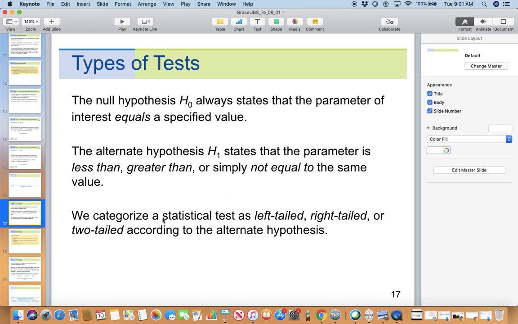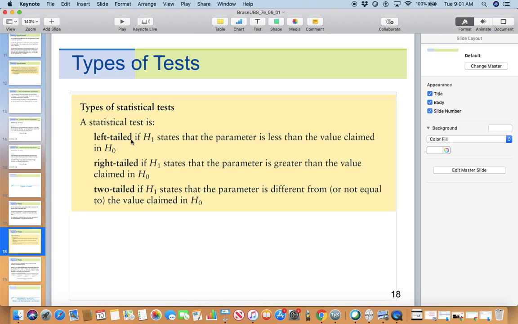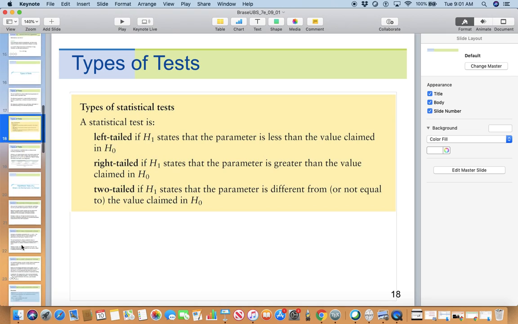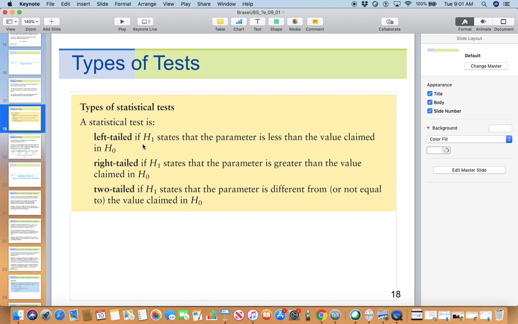All right. We categorize a statistical test as left-tailed, right-tailed, or two-tailed according to the alternate hypothesis. So what are these? Types of statistical tests. A statistical test is left-tailed if H1 states that the parameter is less than the value claimed in H0.